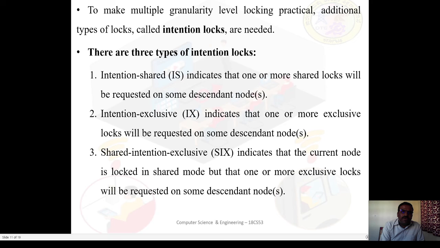The second type is intention exclusive, IX, which indicates that one or more exclusive locks will be requested on some descendant nodes. And the next type of lock is shared intention exclusive, SIX.